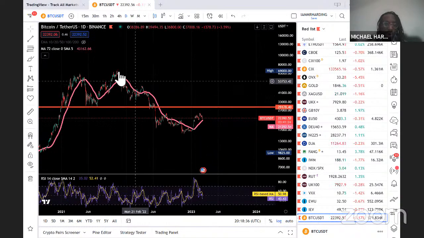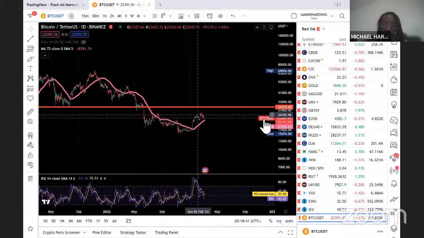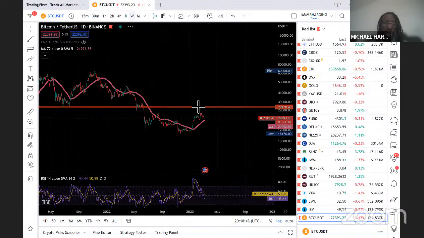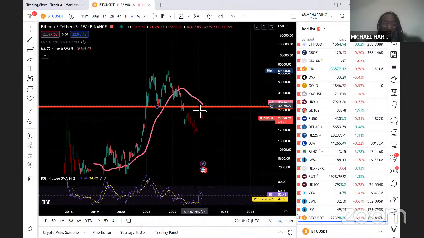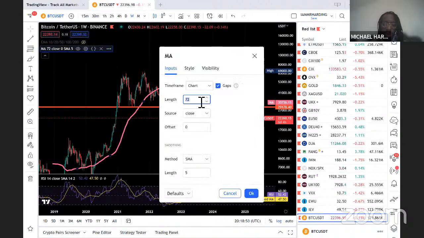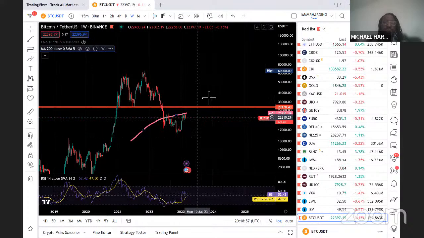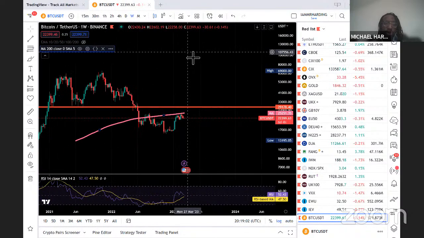But now the question to ask yourself is, where from here? This is where we would check the weekly. And again, we're below it on the weekly. Now what we would do is change that to the 200. So I'm going to change it back to the 200. I personally know that some people use the 72, but I prefer the 200 just because that's what everyday normal people are using.